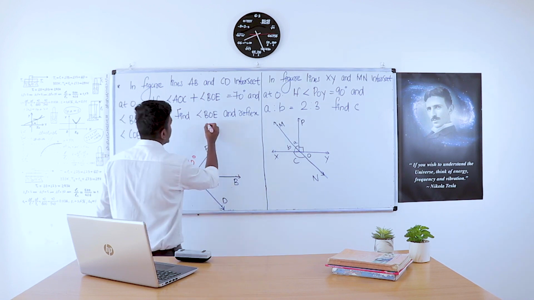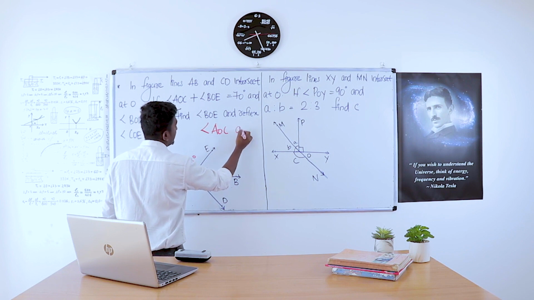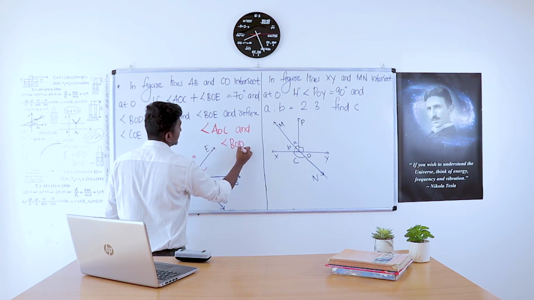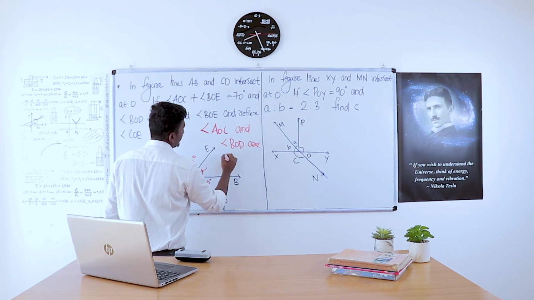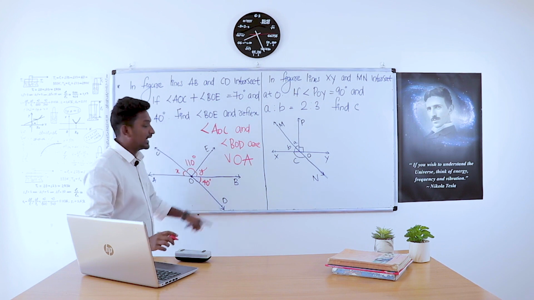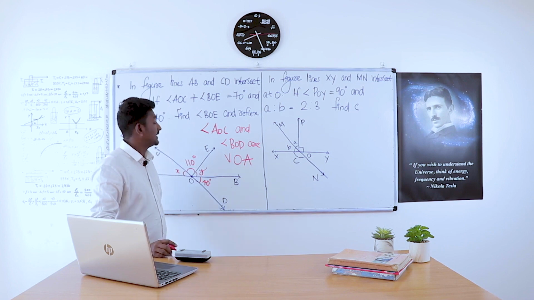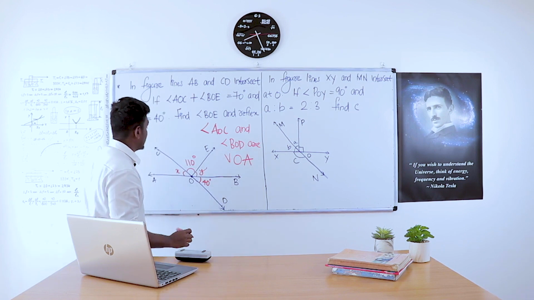We can say that angle AOC and angle BOD are vertically opposite angles. I just write VOA, meaning vertically opposite angles. And these vertically opposite angles are equal.